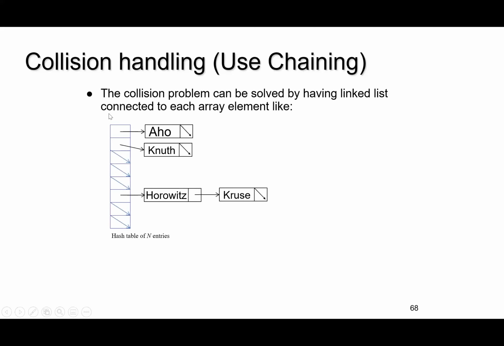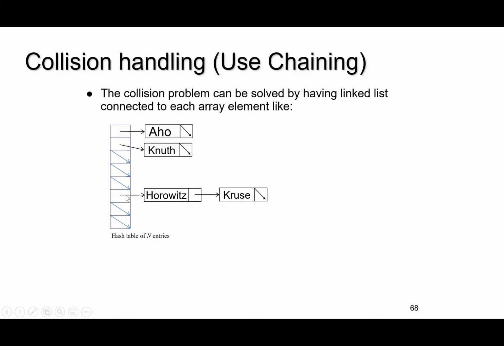Chaining here means in my hash table, instead of storing the name directly inside every element, I will store a linked list. Remember linked list? So I'm going to store a linked list in each element in my array.